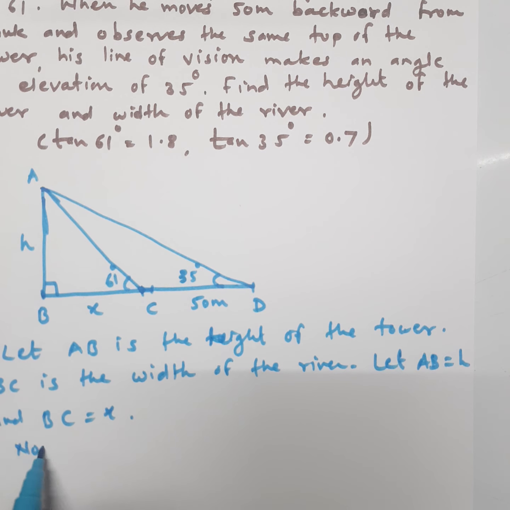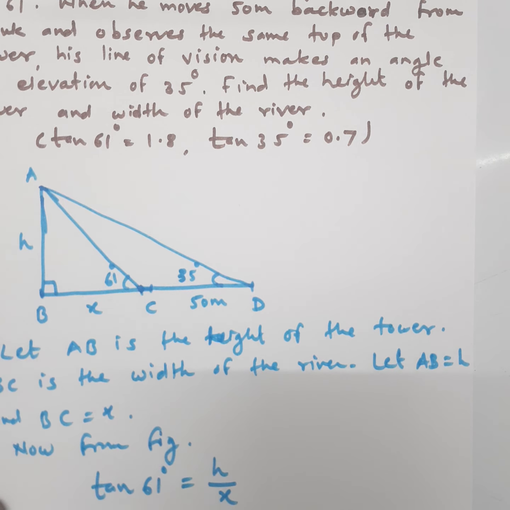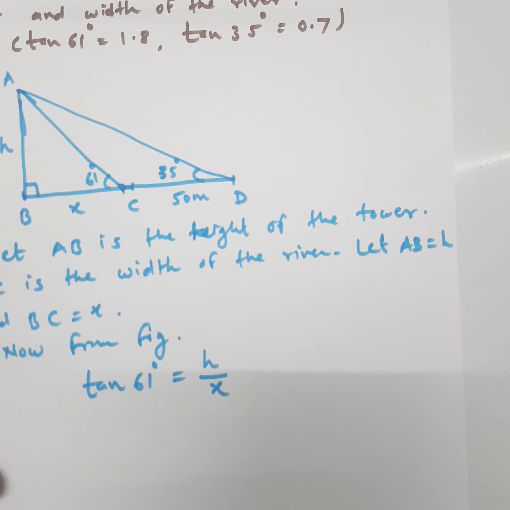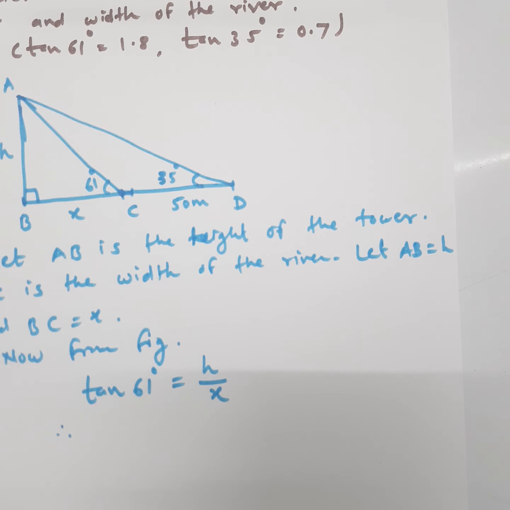Now from the figure, tan 61 degree is equal to h upon x, opposite side upon adjacent side, but the value of tan 61 is given as 1.8.